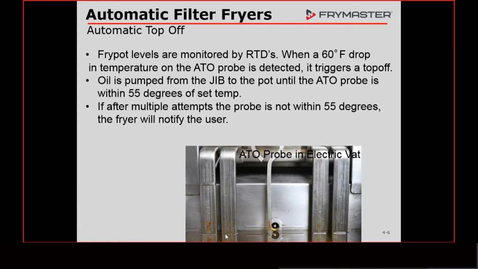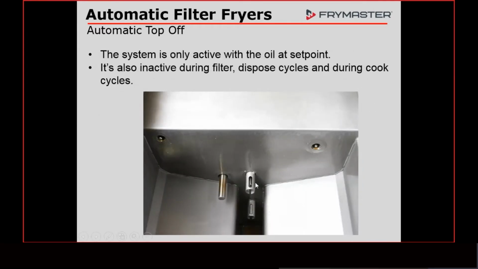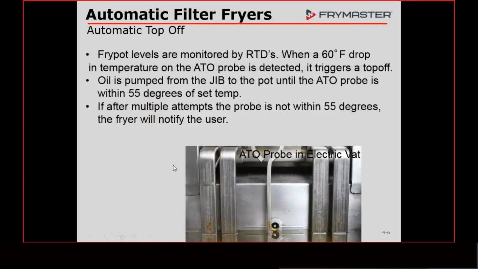On that gas fryer that I showed you right here, the probe is right here. Anytime this probe is 60 degrees lower than this probe, then it realizes that the oil must have dropped down, because what heats these probes up is the oil. If the oil is not there, it's not going to heat it. It drops below 60 degrees. That's when the ATO system is going to kick in.